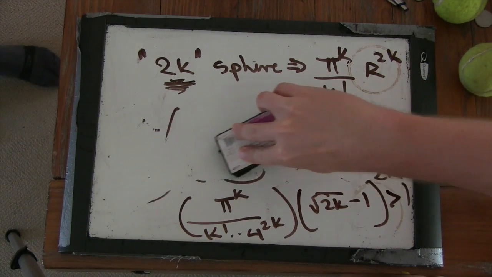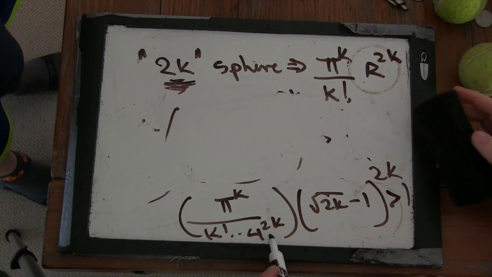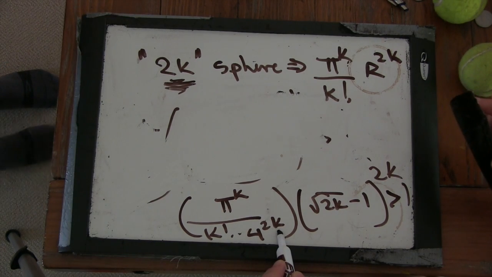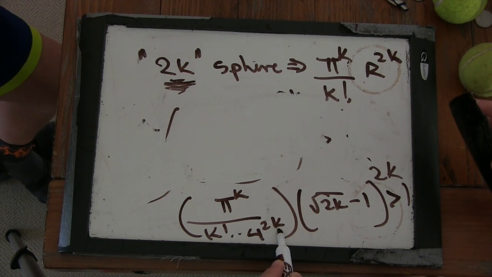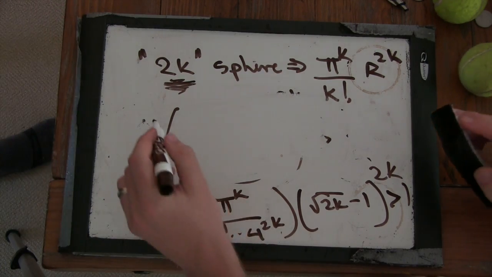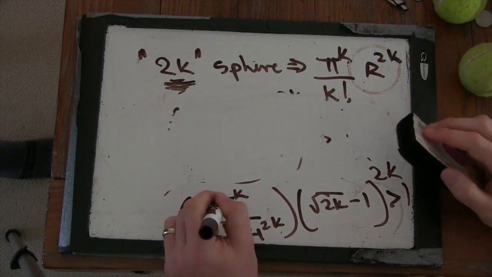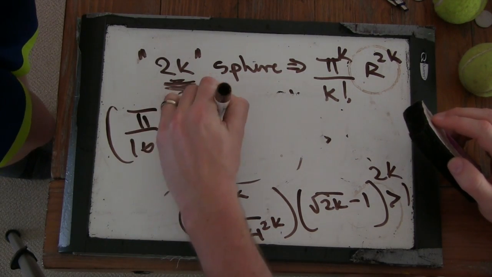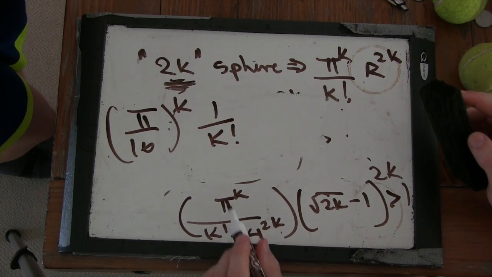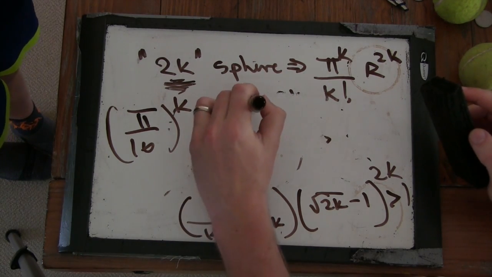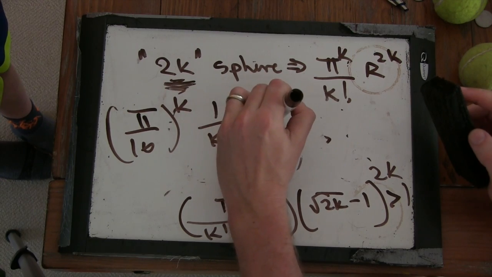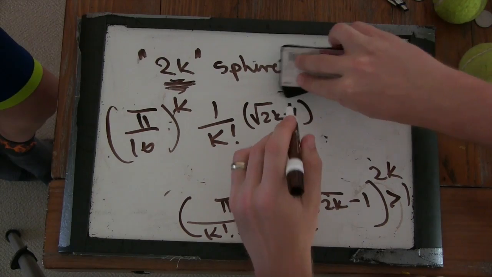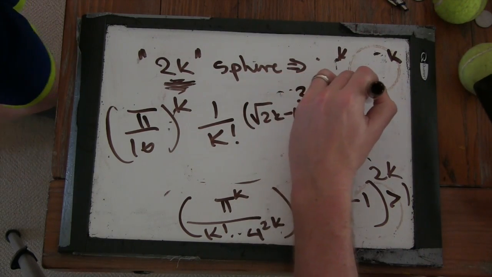I want to put 4 to the 2k in terms of a power of k. That's 4 squared to the k, so this is 16 to the k. So this ends up being pi over 16 to the k times 1 over k factorial times the square root of 2k minus 1 to the 2k. And we're wondering if this is ever bigger than 1.